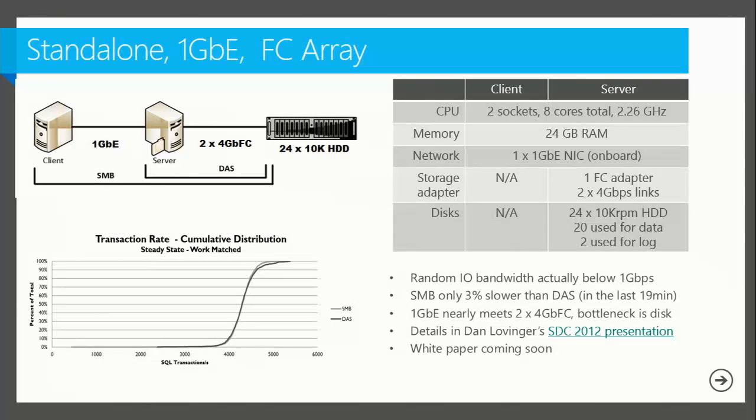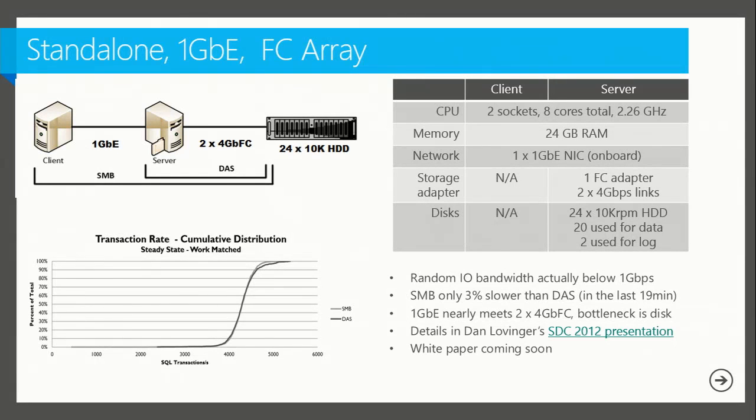So a few things. For instance, you get this configuration here, simple 1 gig NIC connectivity, comparing 2 gig fiber channel connectivity with direct attached storage versus Hyper-V over, in this case, just SQL over SMB in that configuration. We got pretty much the same throughput.